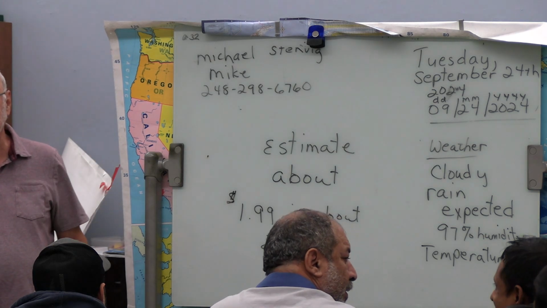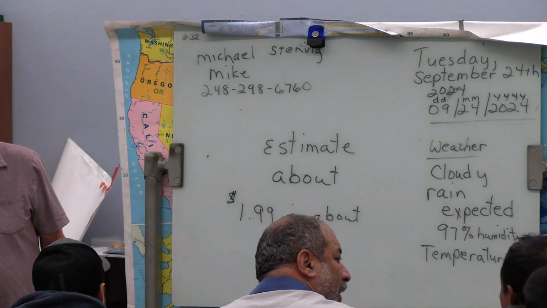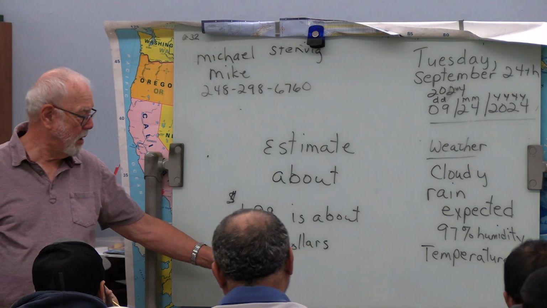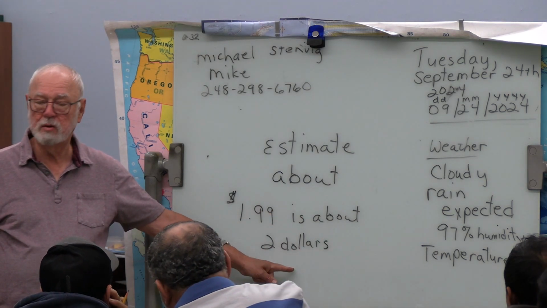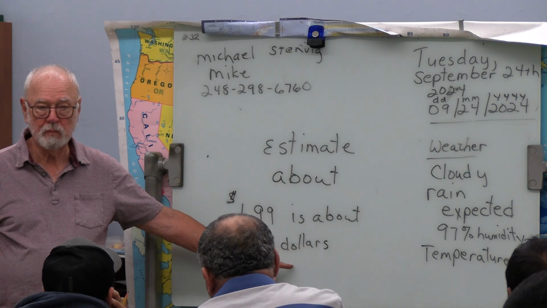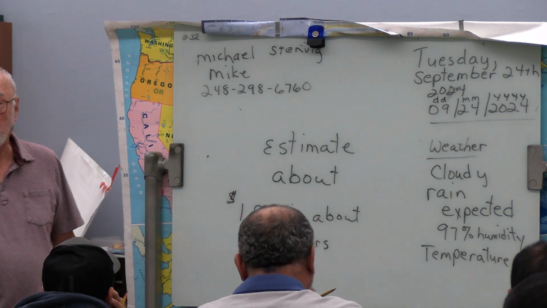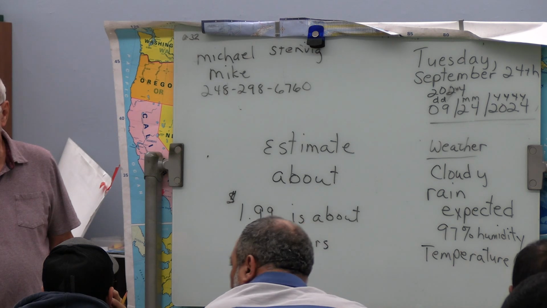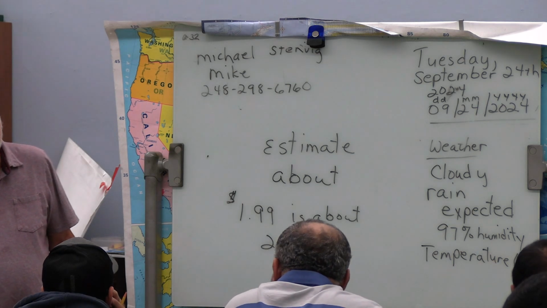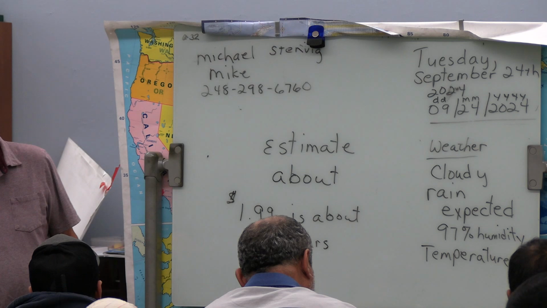Here in the USA, they say 1.99. 1.99 is about $2. Okay? About. So now we're going to tell you this word used in a different way.